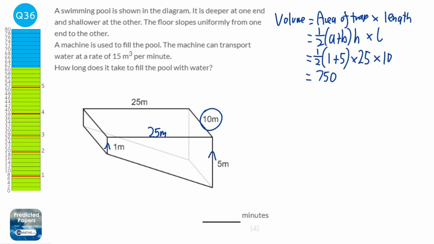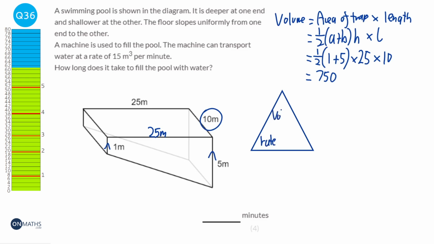Now, there is a little formula we can make for the rate. So the rate of anything, for this, will be the volume gained over time. Now, with this question though, we're interested in the time it will take. It says how long will it take.